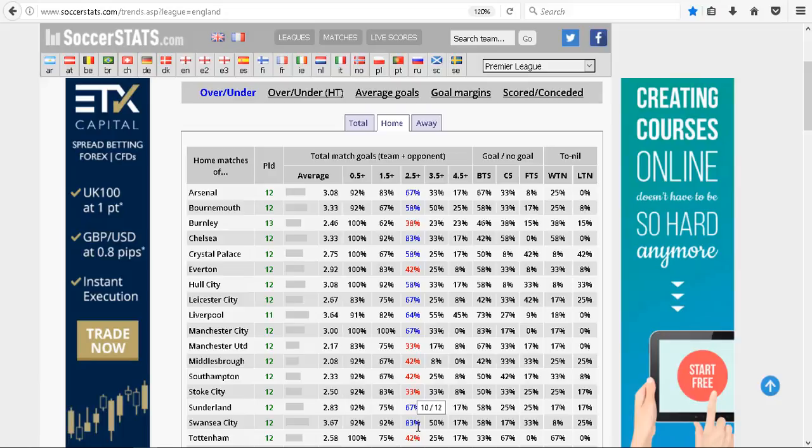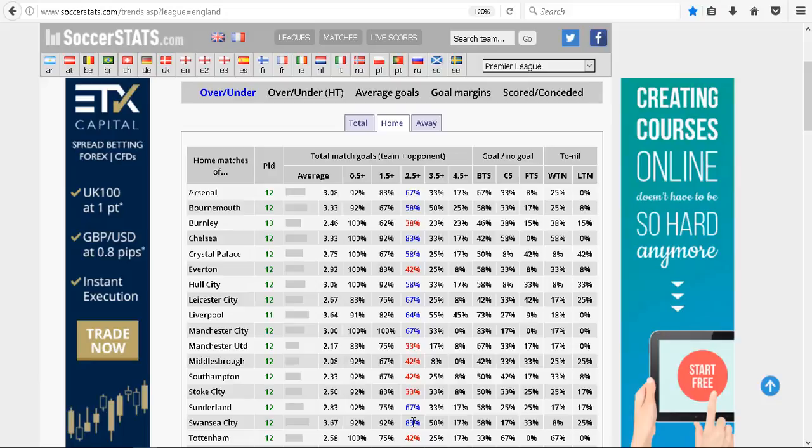it's Swansea at home, the game seemed to involve loads of goals. So if that seems to happen week in, week out, that would suggest either that Swansea have a really good attack, so that's why we're getting lots of goals, or they have problems in defence, or both.